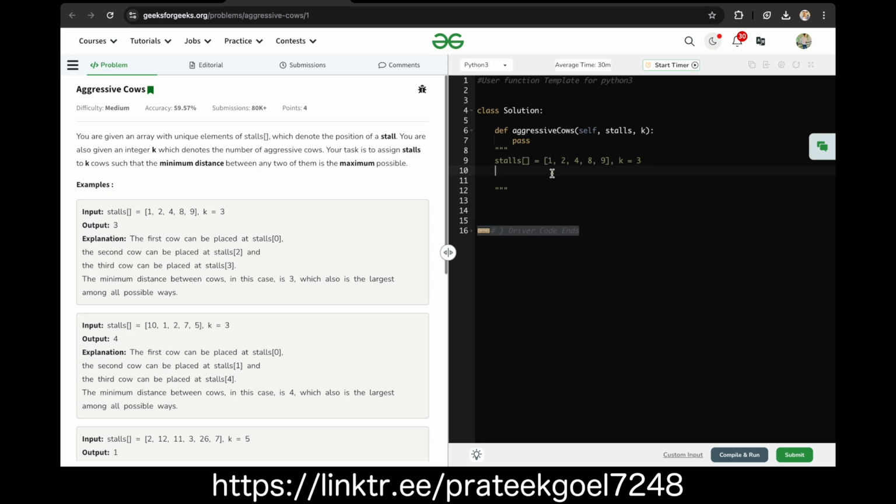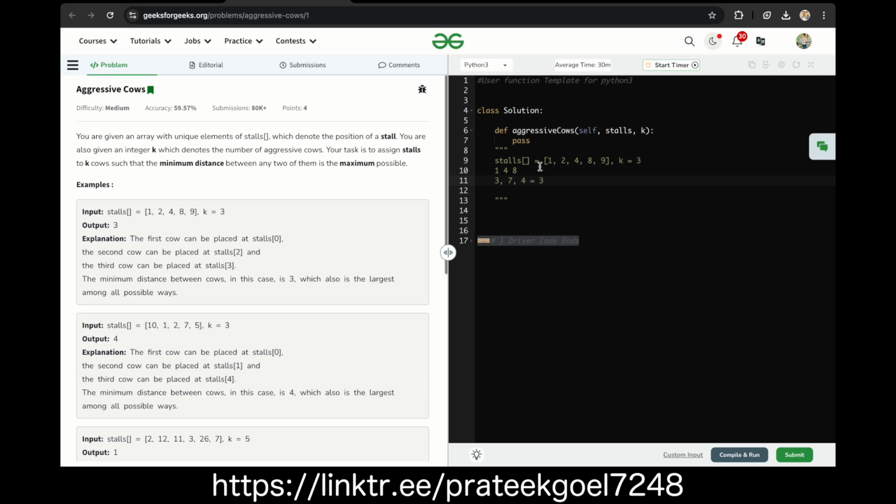Let's suppose we are adding cows at 1, then 4, and then 8. If we find the differences, 1 and 4 have a difference of 3, 1 and 8 have a difference of 7, and 4 and 8 have a difference of 4. The minimum of 3, 7 and 4 is 3, and that's our answer.